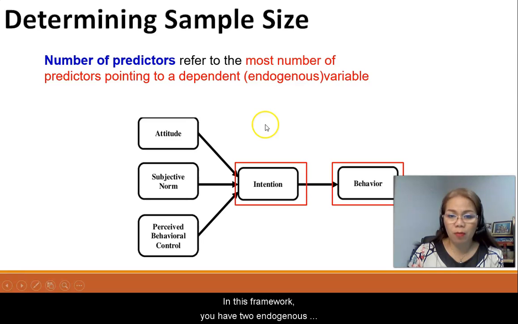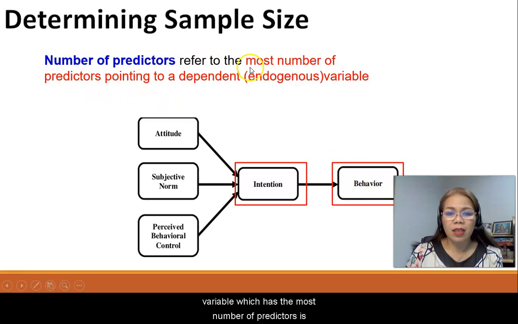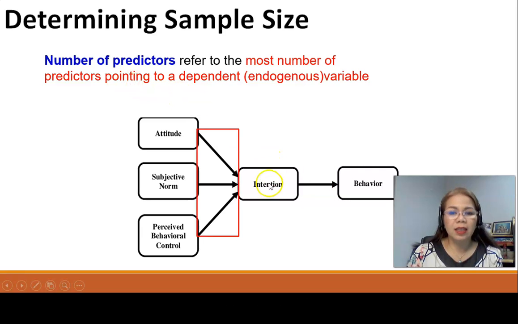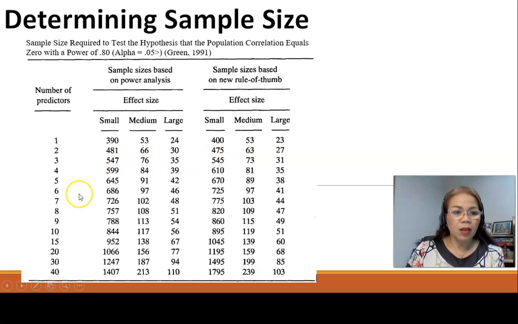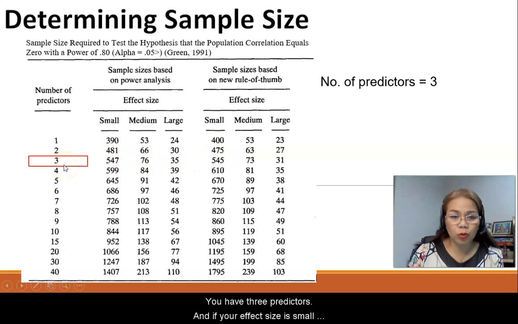In this framework, you have two endogenous variables, the intention and the behavior. However, the endogenous variable which has the most predictors is intention, because behavior has only one predictor, whereas intention has three. Therefore, going back to Green's table, you have three predictors.